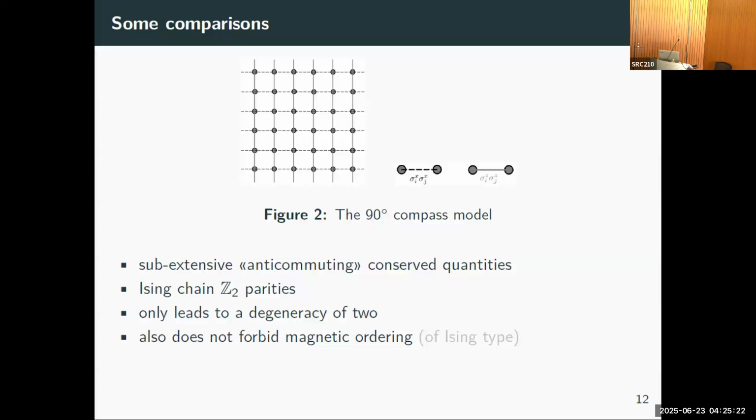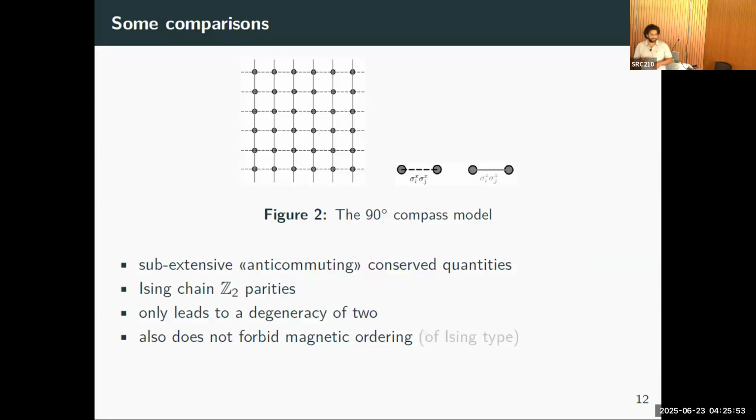Locally, there are two outgoing x links and two outgoing z links, which was similar even in the previous construction. For this, it turns out you also have an anti-commuting algebra, but the conserved quantities are Z2 Ising parities across the full chains. They're not local Z2 conserved charges, but that conservation is across the full chain. Because of this non-locality, in this model the degeneracy counting becomes only 2.